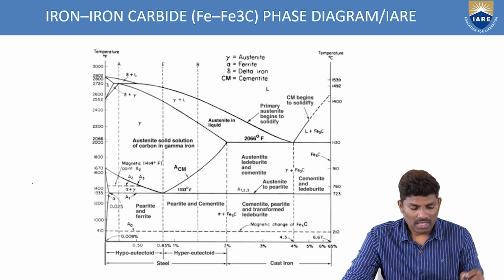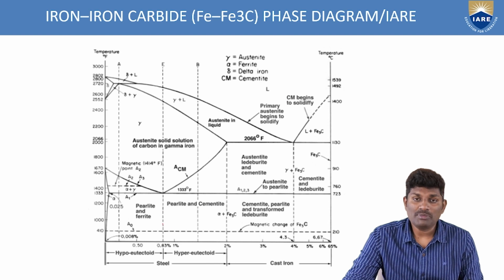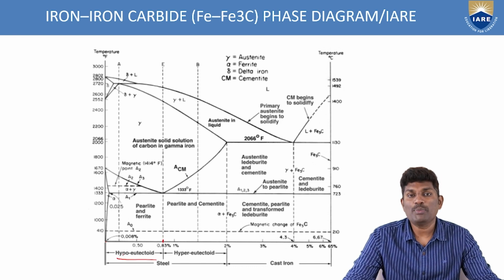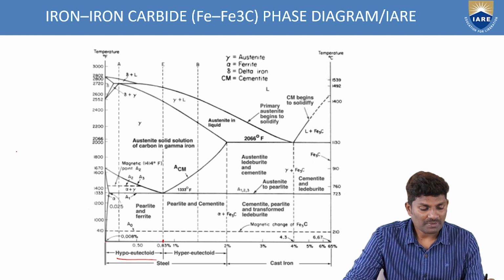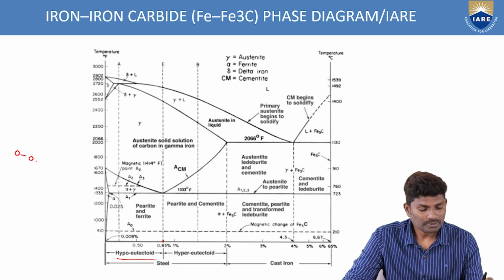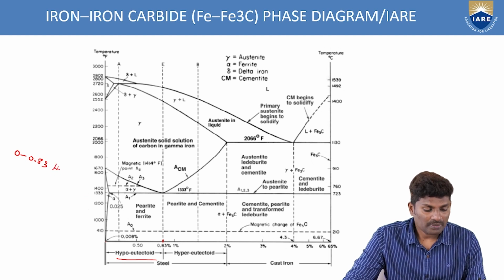Now everything you can clearly observe from the phase diagram. From 0 to 0.83 weight percentage is called hypoeutectoid. So what is hypoeutectoid? From 0 to 0.83, it is called hypoeutectoid.